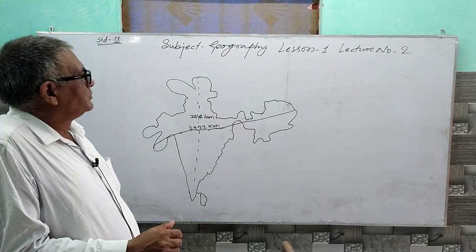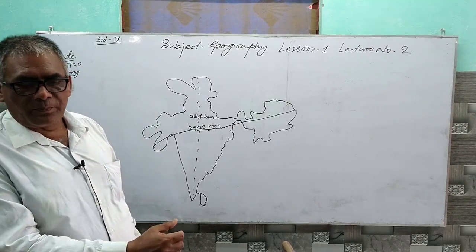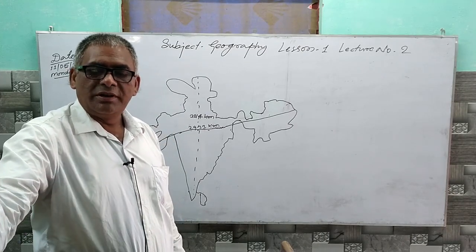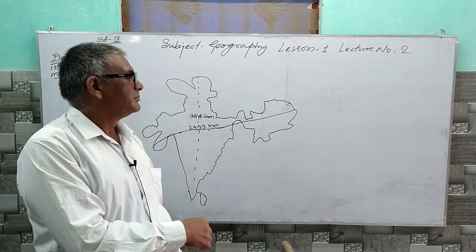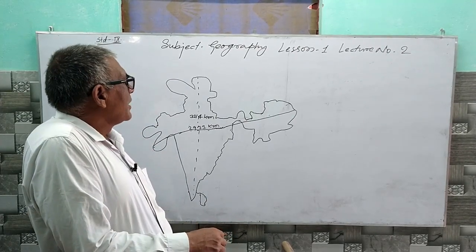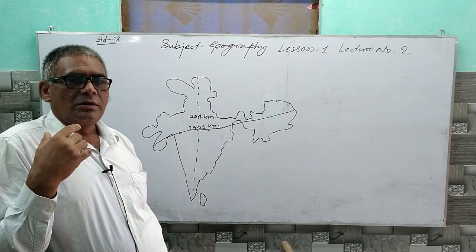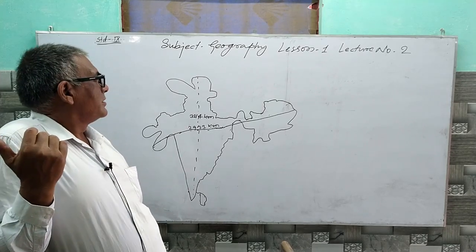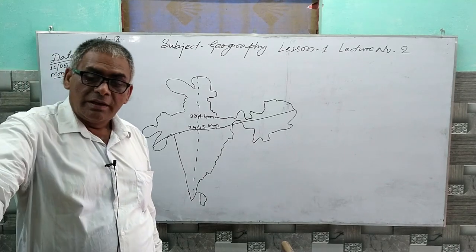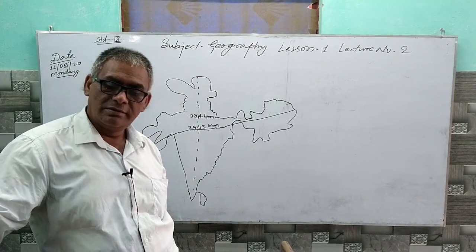Of geography. This is lecture number 2. One class has already been taken, and in the previous class you have learned that India is our motherland, and it is situated in the northeastern hemisphere.